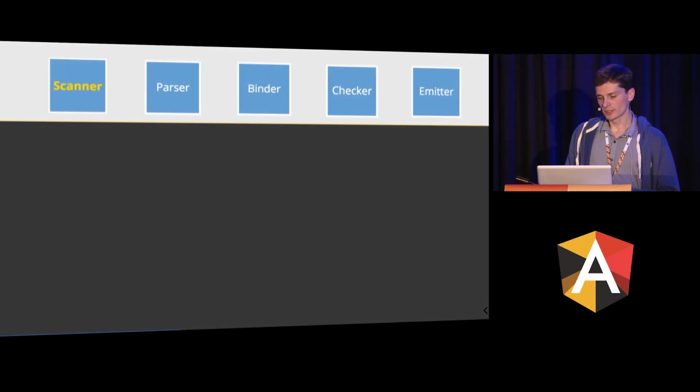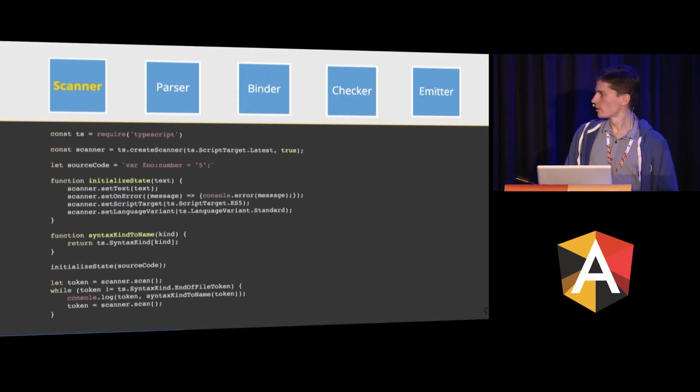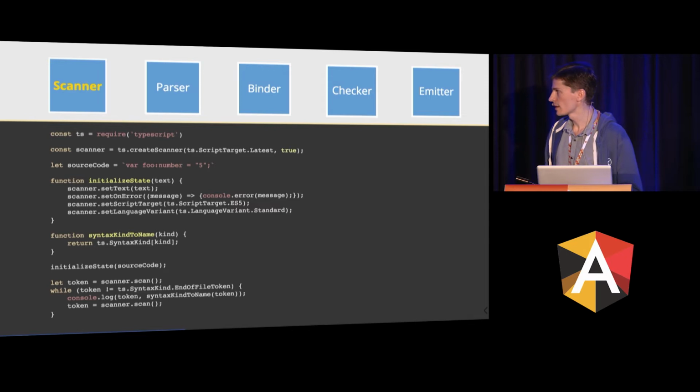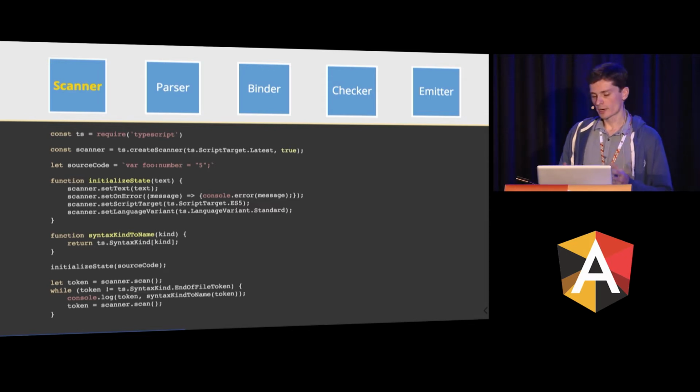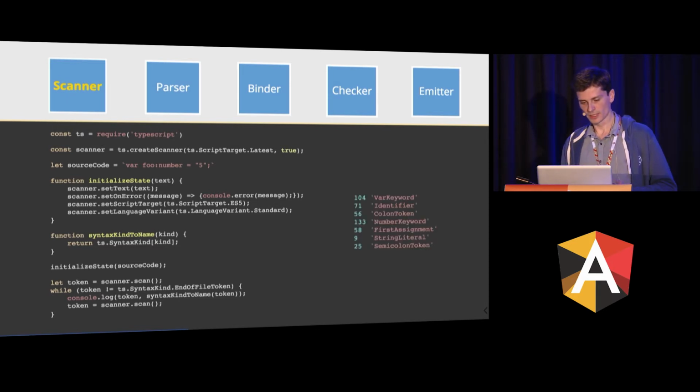If we set up a little boilerplate with the internal APIs, we are requiring TypeScript, creating a scanner, and then looping and scanning using the scanner.scan API to create this token stream. After that, I just print a few examples here, with information about the tokens you get from your source code.